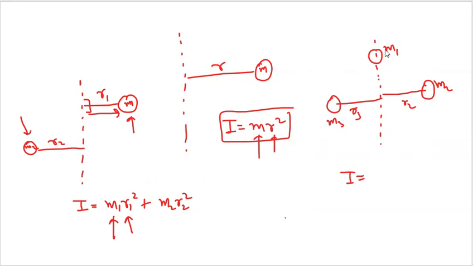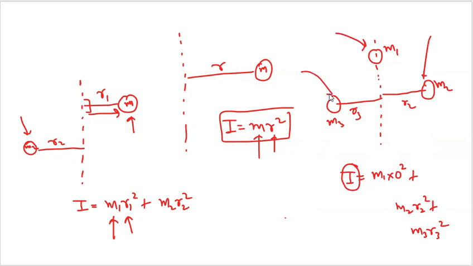Since m1 is on the axis, it gives m1 into 0 square, because r is the distance of mass from the axis. If mass is lying on the axis, then the distance will be 0. For m2, the inertia will be m2 r2 square. For m3, the inertia will be m3 r3 square. So for all the masses, we calculate inertia separately and then add all of them.